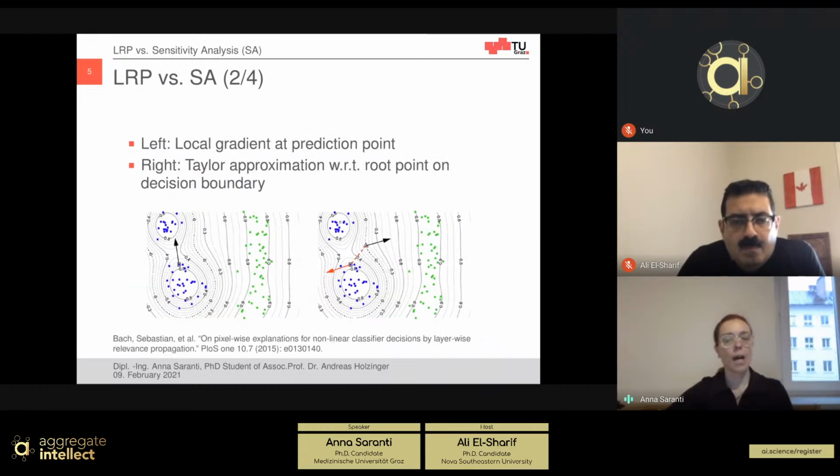But what actually happens? This is one of the fictional examples of what can happen in a classification example. We have the blue dots and the green dots in both cases. On the left side, we see what happens with sensitivity analysis, and on the right side, we see what is computed by LRP.